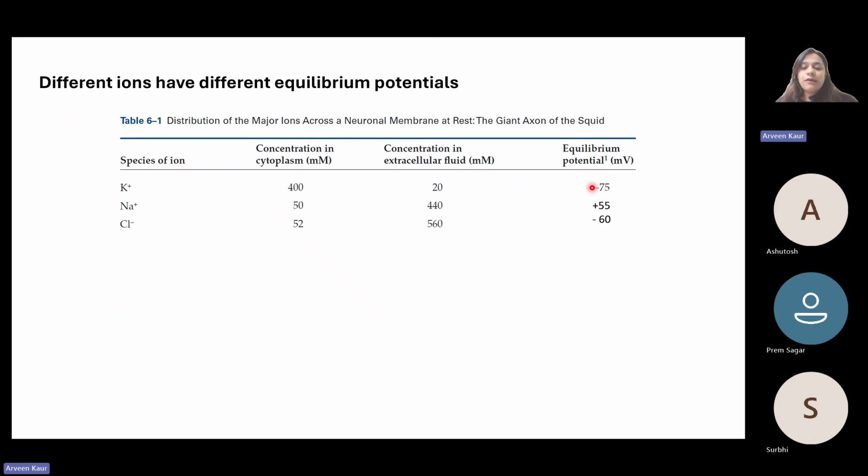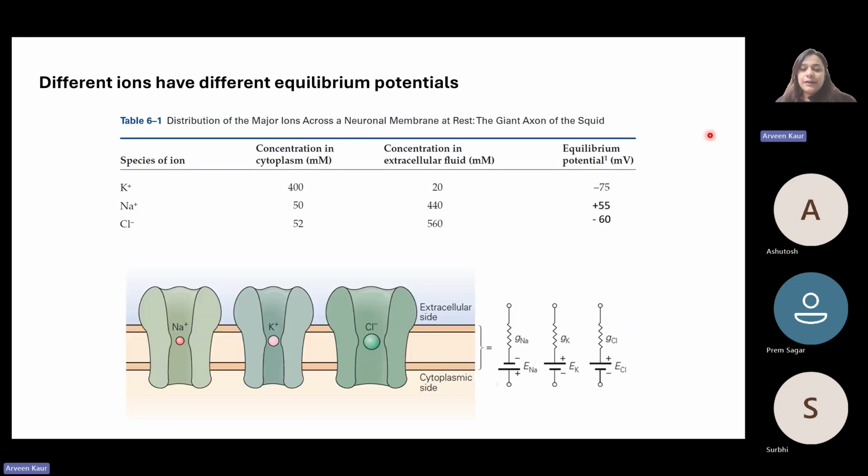There are others, calcium and magnesium, but you can see that two of them are more negative and only one is more positive. That is why the resting membrane potential of the plasma membrane itself is more negative, close to minus 70. It is basically an evening out of multiple of these ion channels.